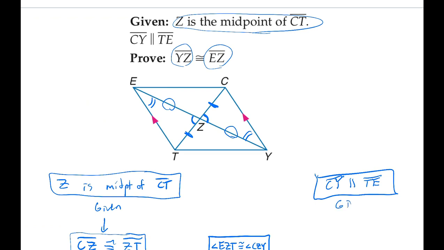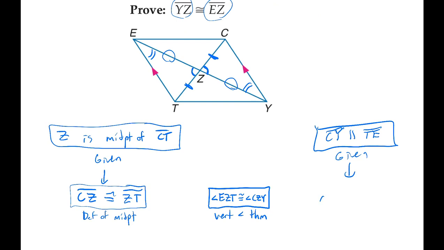Okay, and that was given. And then because of that, we could say angle TEZ is congruent to angle CYZ. That was the alternate interior angle theorem, or biconditional, whichever one you would call it.